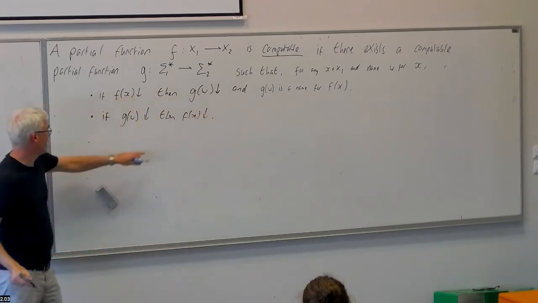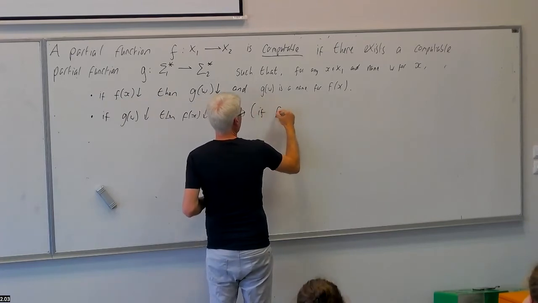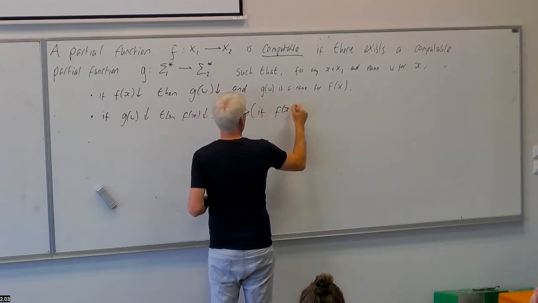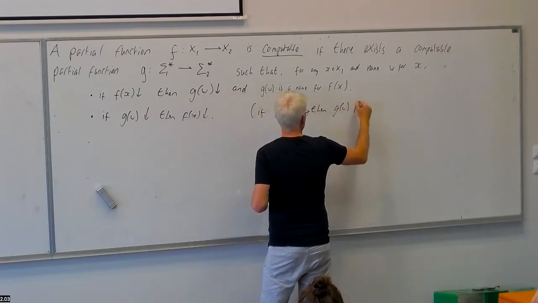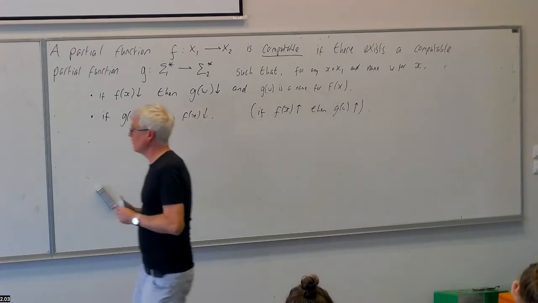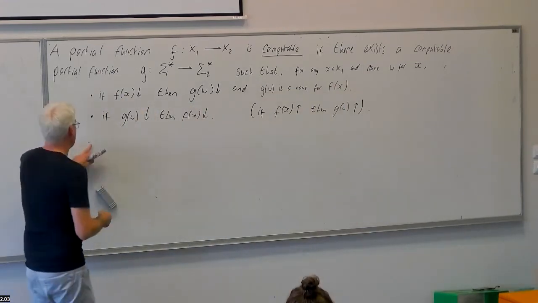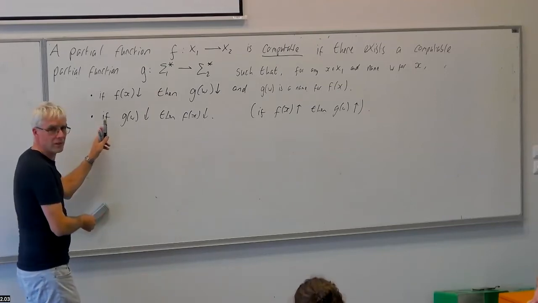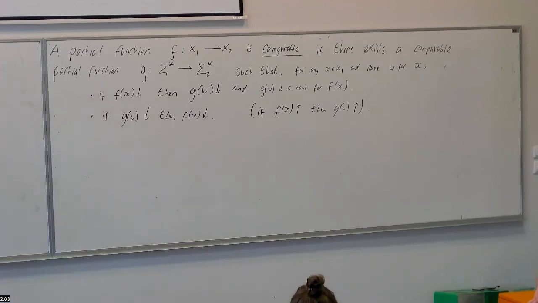Or you can read it the other way, equivalently: if f of x is undefined, then g of w is undefined. Okay, so it's not really very much more complicated, but we've got one more condition to take into account. And let me go back to the other board.